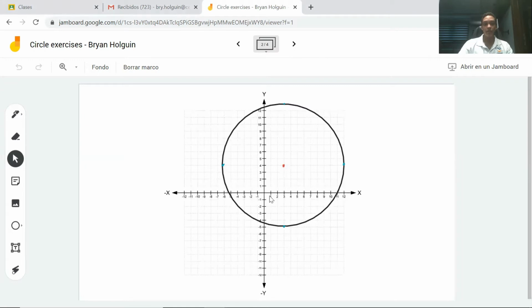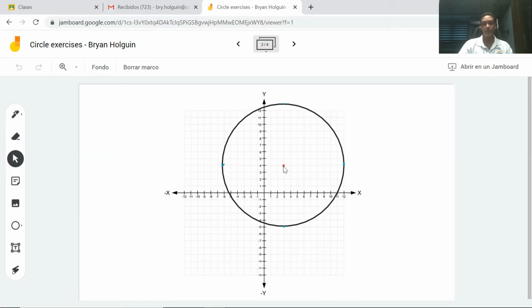In the graph, we count first the center and then the radius. So 1, 2, 3, and 1, 2, 3, 4. This is the center right here, (3, 4).